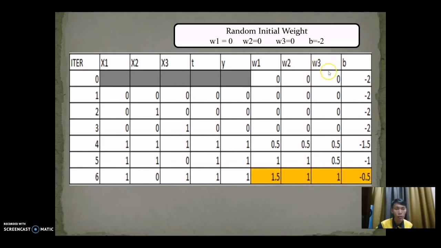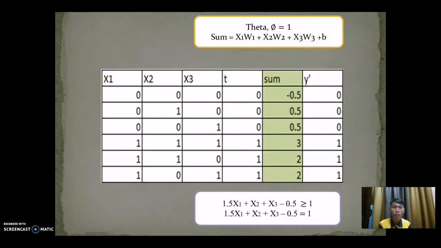For W3: 0, 0, 0, 0, 0.5, 0.5, and lastly 1. For B: -2, -2, -2, -2, -1.5, -1, and lastly -0.5.